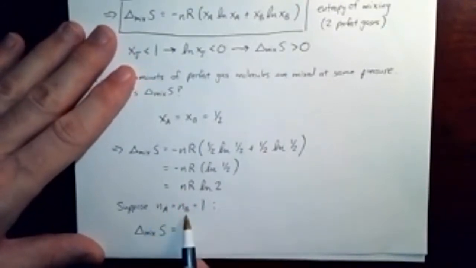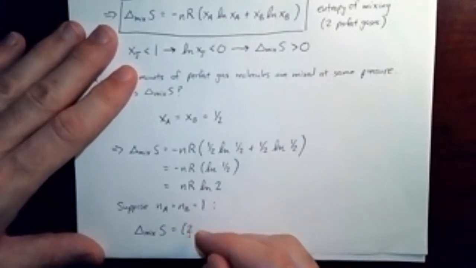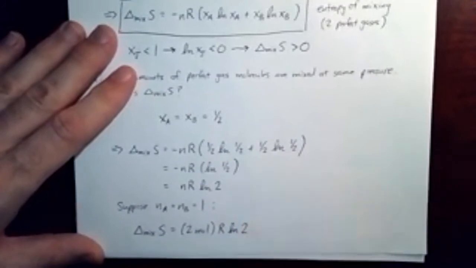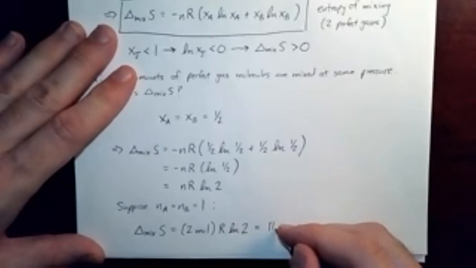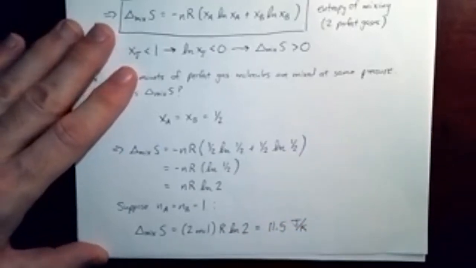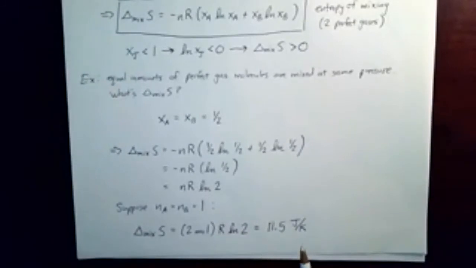So if we had 1 mole of each, then we have a total of 2 moles times R, which is a constant, ln2, which is a constant, and this works out to be 11.5 joules per Kelvin. So again, entropy increased when the two gases mix, as you might expect.